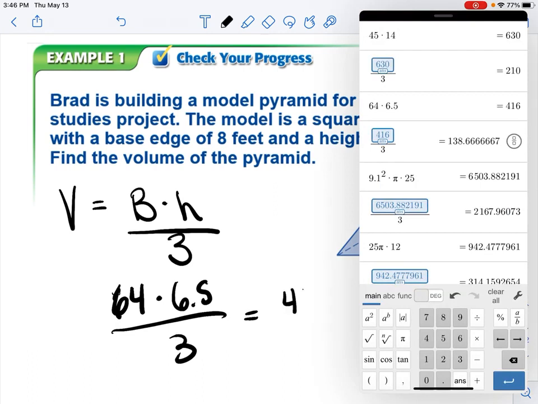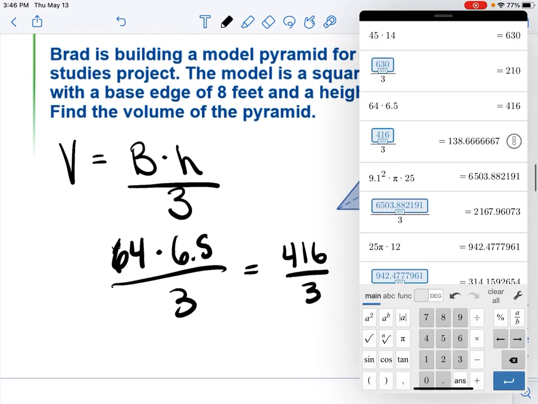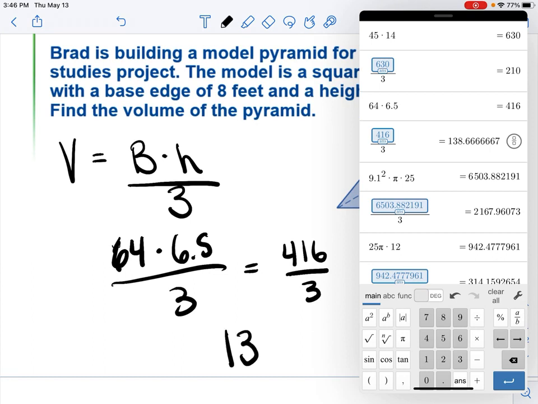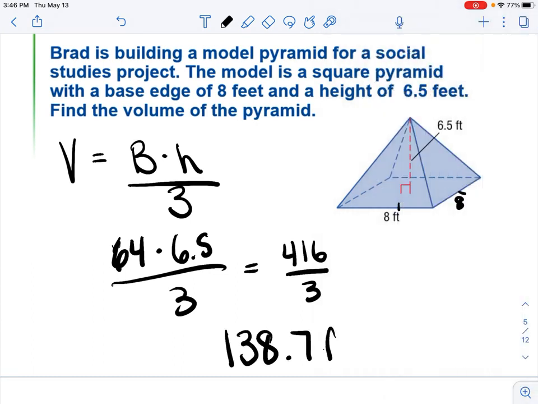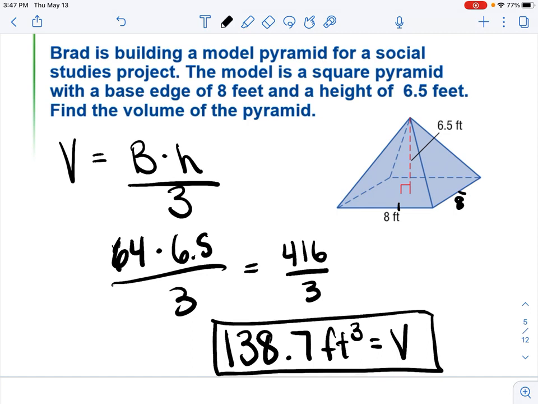So we get 416 divided by 3, which is equal to 138.7 cubic feet. So that is how much sand or water, dirt that you would need to fill that pyramid full.